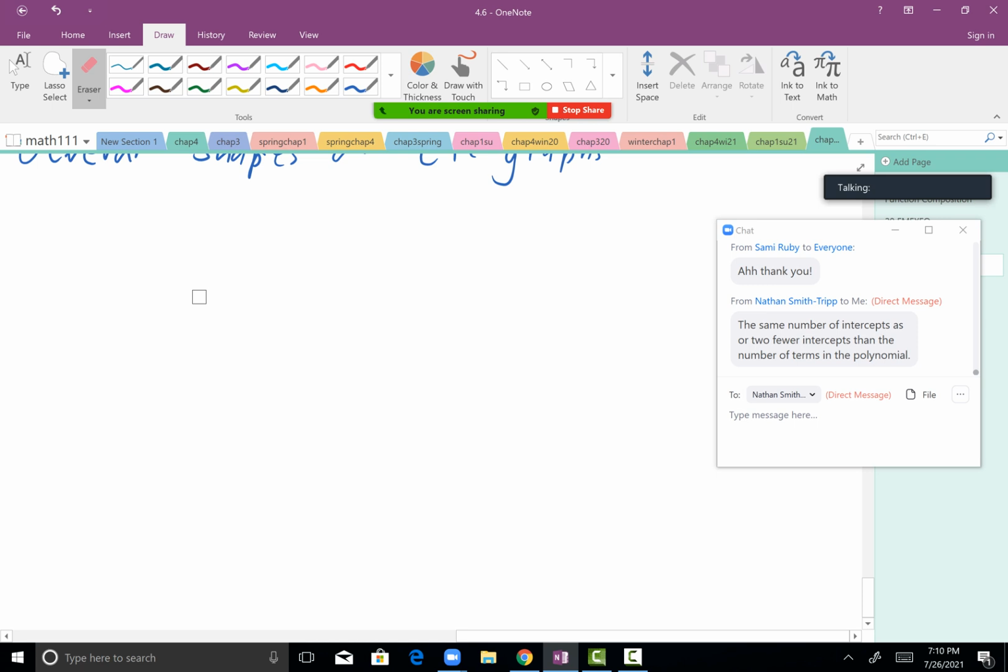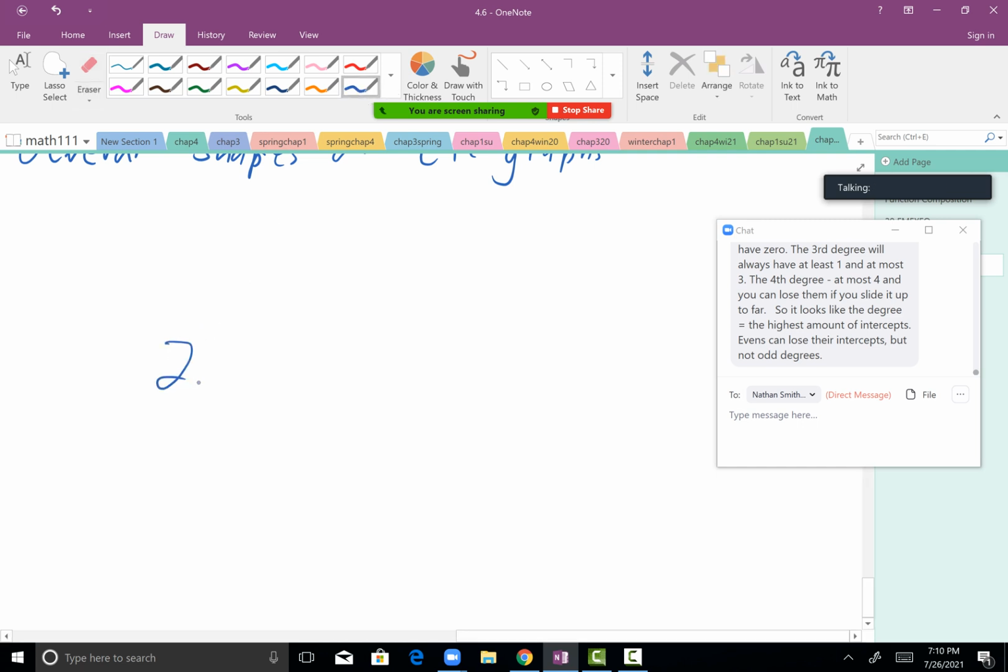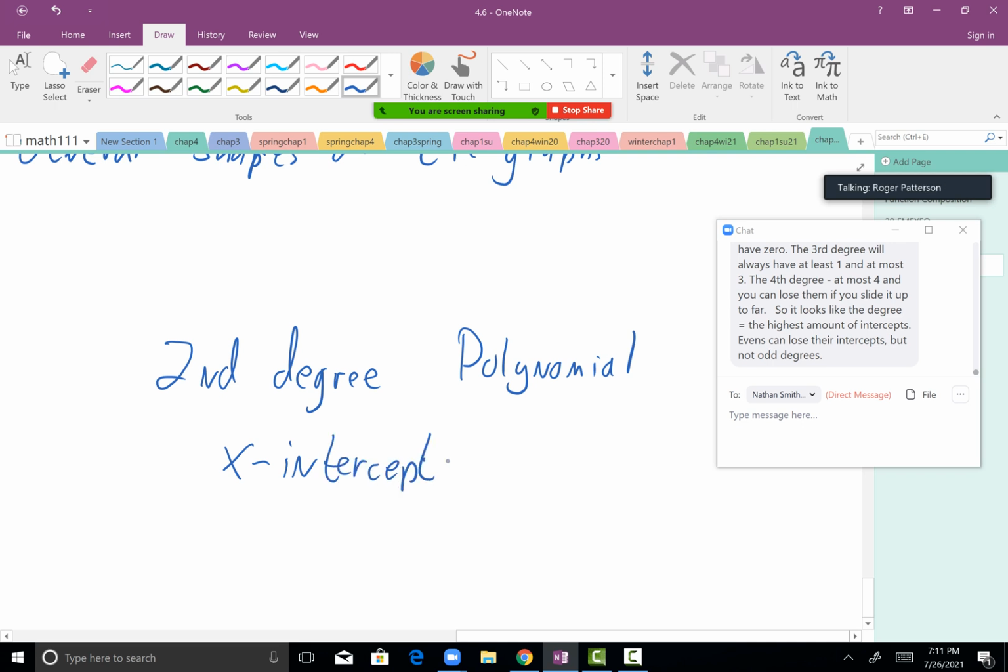Okay, since this is fresh in your mind, I'm going to talk about a second degree polynomial here. Let me get this so I can write. I'm getting lots of stuff, this is good. Second degree polynomial. I want to know the number of x-intercepts it can have.